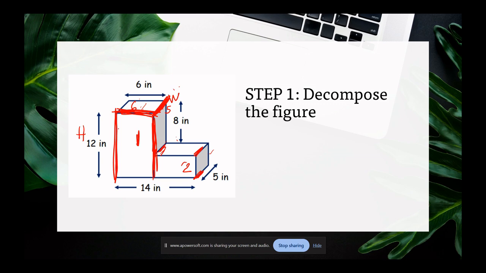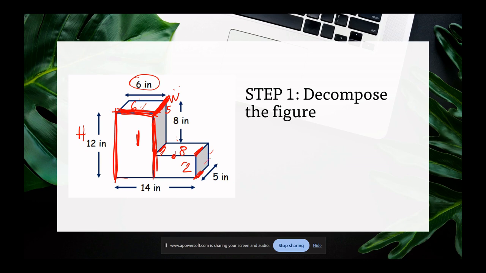Now, what I've got to do is figure out the values for my second rectangular prism. So if the total length is 14, but I've already used up 6 for the first rectangular prism, what am I left with? In this case, I'm left with 14 minus 6, which is 8.